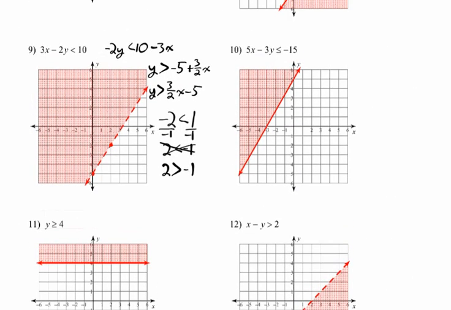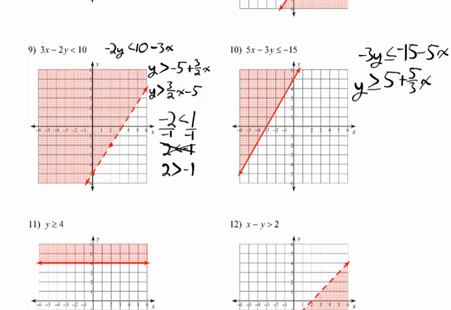For number 10, when we go about solving this, we get -3y is less than or equal to -15 minus 5x. Divide everything by -3, we get y is greater than or equal to 5 plus 5/3 x.